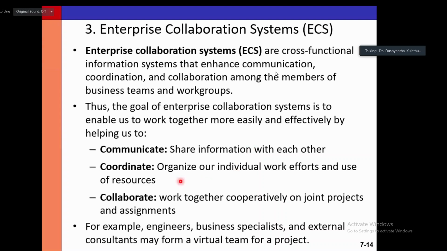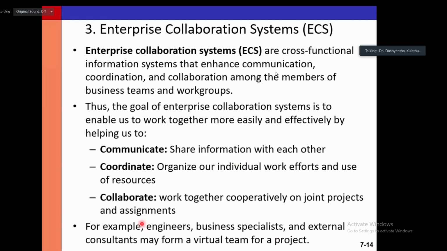And also they will be in a position to plan and schedule different activities with the help of other tools available in enterprise collaboration systems. So altogether they are in a position to work together.